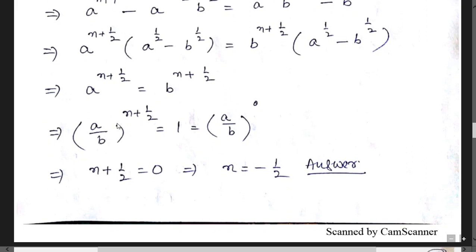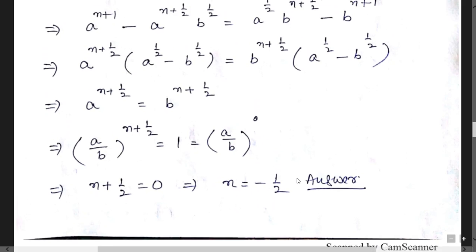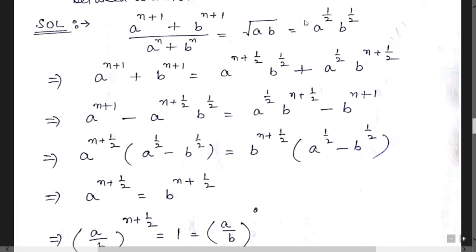It means you can write A over B power n plus 1 over 2 is equal to 1 and 1 can be written as A over B power 0 because anything raised to power 0 is equal to 1. Now n plus 1 over 2 is equal to 0 and n can be written as minus 1 over 2. Simply you have to cross multiply the terms, nothing else, and after then solve.